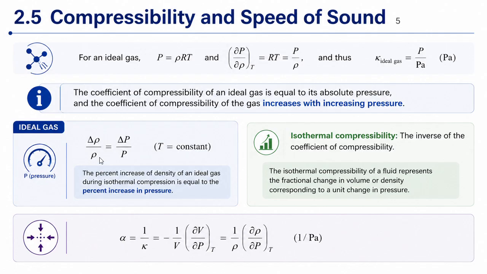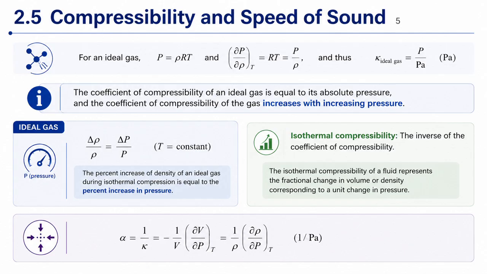Now another expression for this is delta rho by rho is equal to delta P by P. That means the percentage increase in density is equal to the percentage increase in pressure for an ideal gas when the temperature is constant. It also defines isothermal compressibility where alpha is equal to 1 over K.